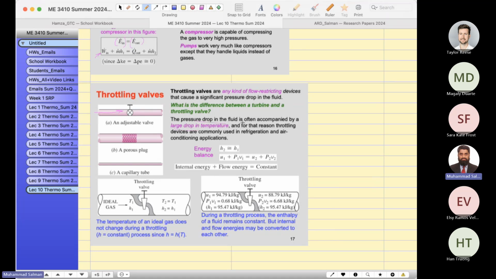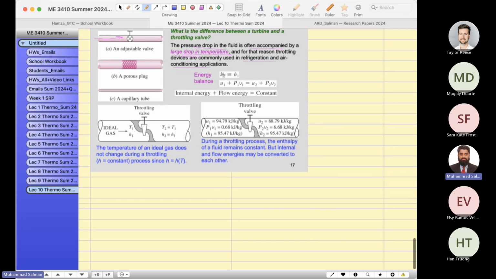The pressure drop in the fluid is often accompanied by a large drop in temperature, and for that reason, throttling devices are commonly used in refrigeration and air conditioning applications. The enthalpy on the left hand side is equal to the right hand side, and for a throttling valve, this is true.